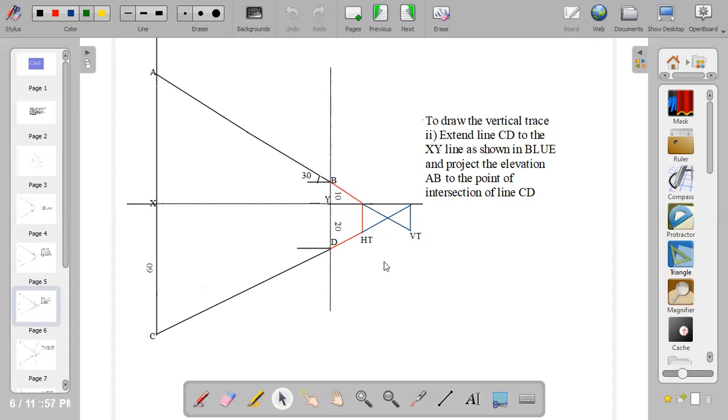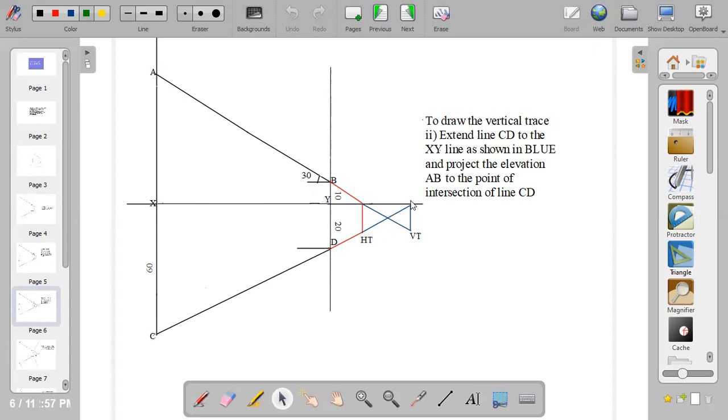How will you do that? You have projected CD to the XY line. Now, you need to drop a perpendicular so that when you are extending AB to intersect with the line coming from CD, they'll be able to meet at a point.